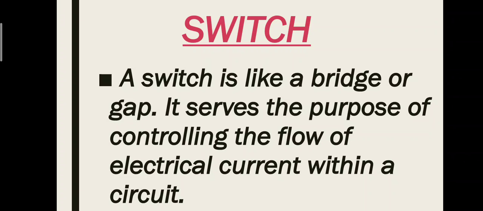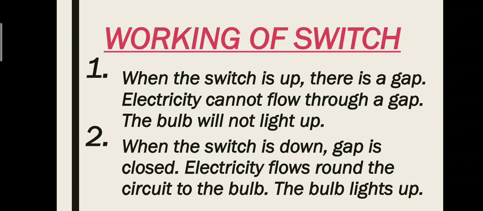How? What is the working of the switch? So the next slide is on the working of the switch. There are 2 parts of the working of a switch. The first one, when the bulb will not light up, and the second part is when the bulb will light up. For example, when the switch is up, meaning when the switch is open, there is a gap and the electricity cannot flow through the gap, so the bulb will ultimately not light up.